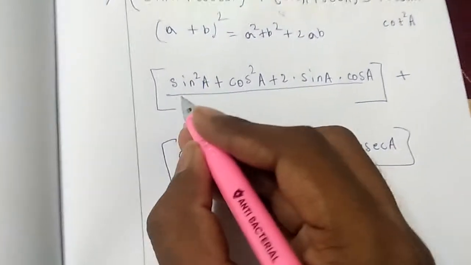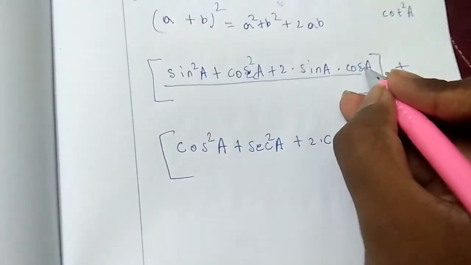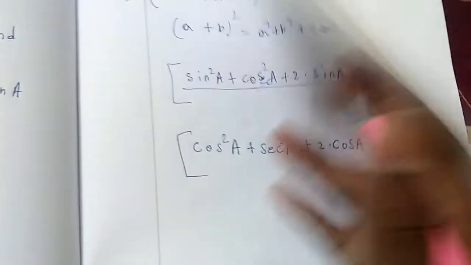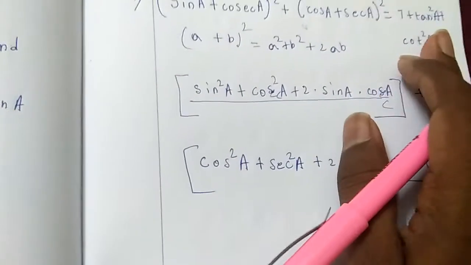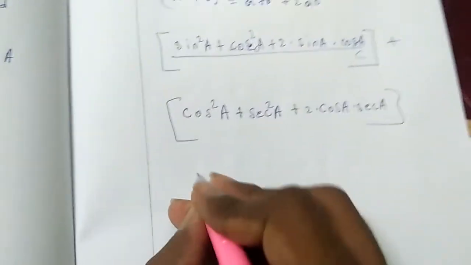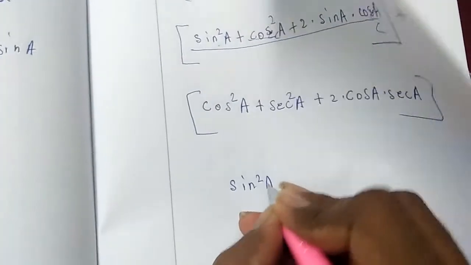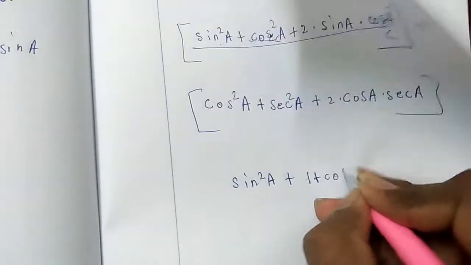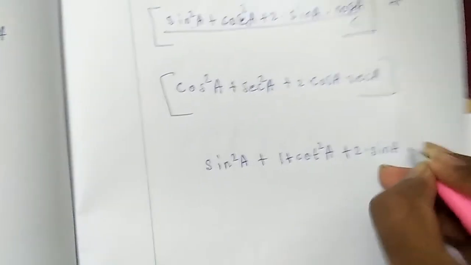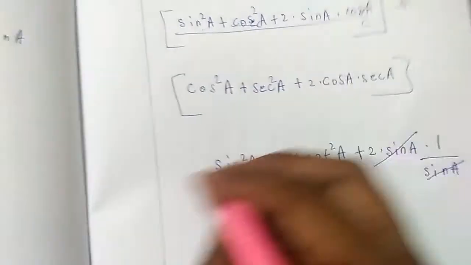Now sin square a plus, here you change cosec square a as 1 plus cot square a. Sin square a plus 1 plus cot square a plus 2 sin a into 1 by sin a, as cosec a is inverse of sin a.